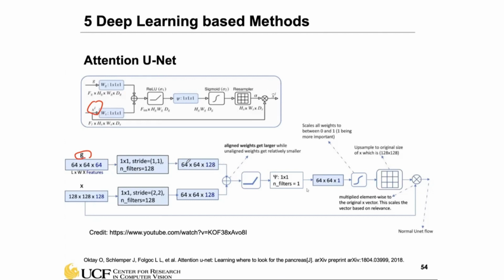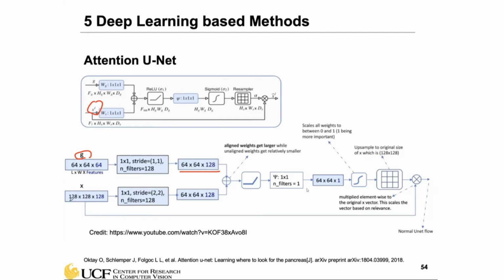In this case, we'll generate a 64 by 64 by 128 feature map. The reason is that we're going to do concatenation or adding them together later, so we need the same dimensionality in order to perform those operations. So we have the same channel dimension.